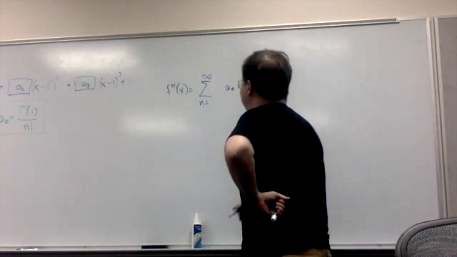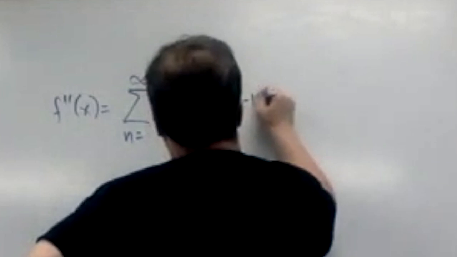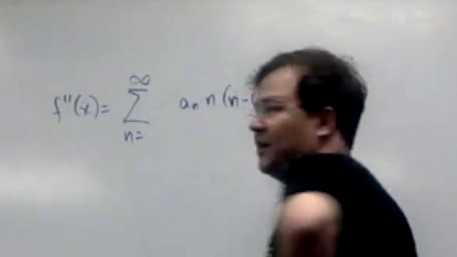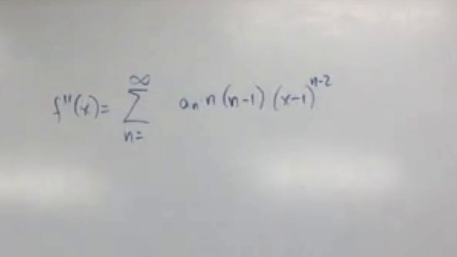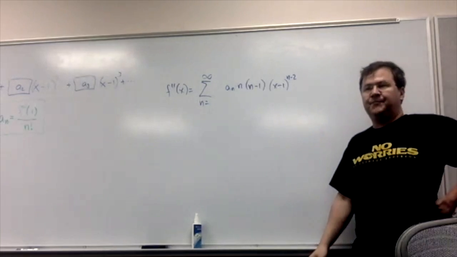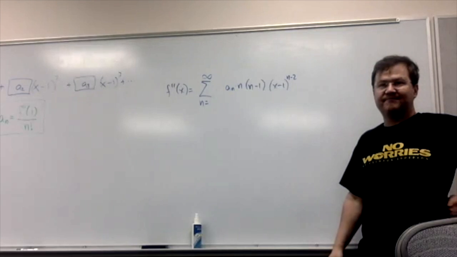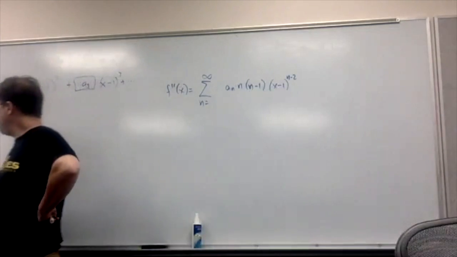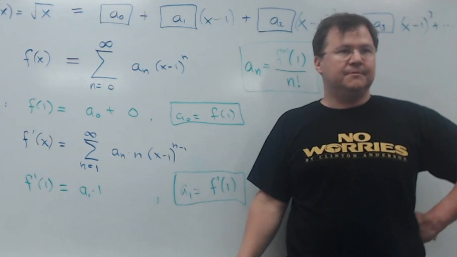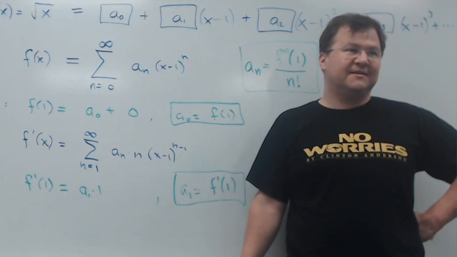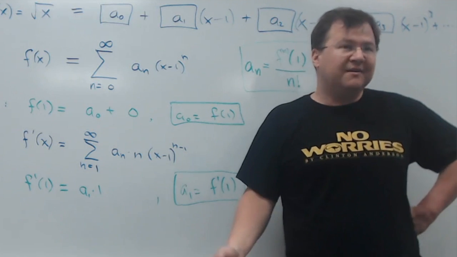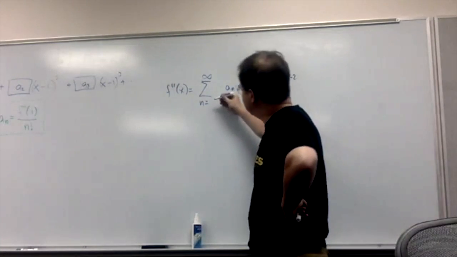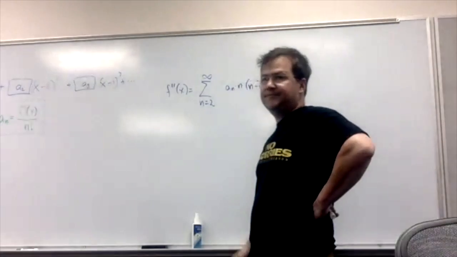That gives n squared minus n, or you can leave it as is. There you have it. And this is going to work for every term except for one of them, a sub 2, because the first term in this series is a constant. It'll be 0, and since we're adding 0, we'll just ignore it and start at 2 instead.